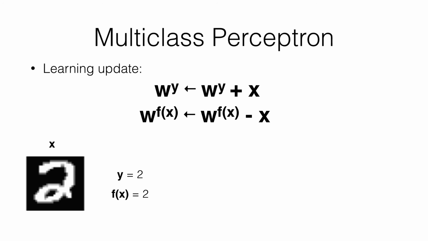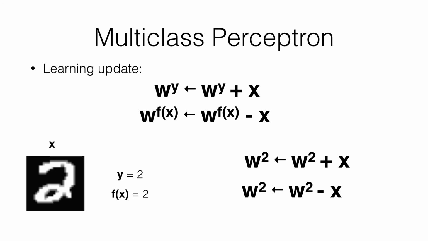The first thing again is we're going to update the weights for the true class y, which in this case is 2. So we make the score bigger for w2, and then the second thing we do is run the update for f of x, what we predicted, and we make the score for w2 times x a little bit smaller.